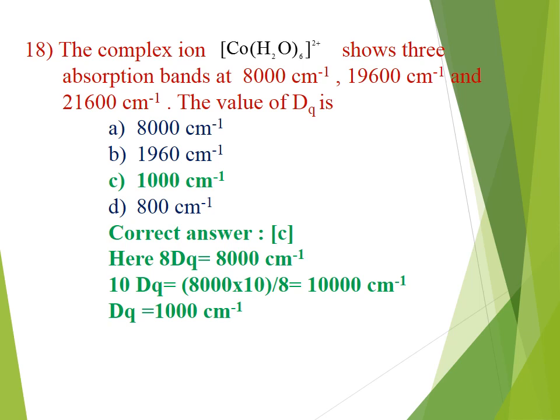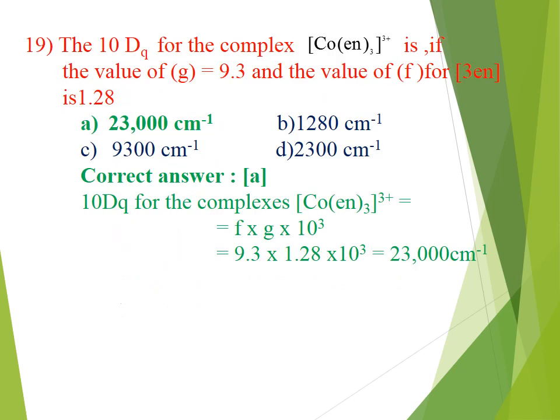Here the lowest value is assigned to 8 Dq. 8 Dq will be equal to 8000 cm inverse. Therefore 10 Dq will be equal to 10,000 cm inverse. Therefore delta 0 is equal to 10,000 cm inverse. Therefore Dq is equal to 1000 cm inverse. For question number 18, the correct option is C.